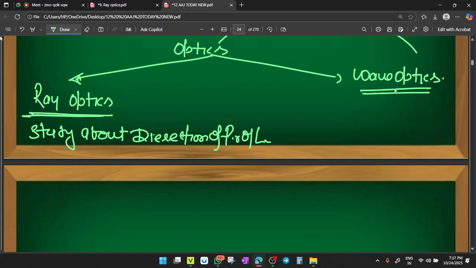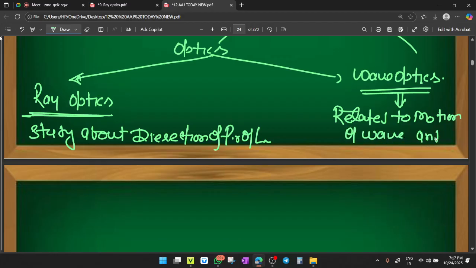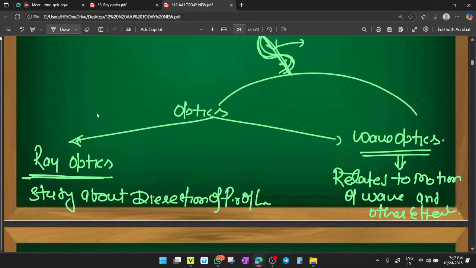Wave optics is related to the motion of the wave and other effects related to the motion. So let's start with ray optics.